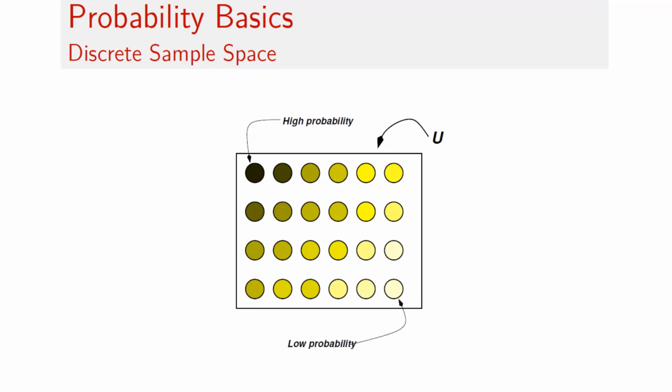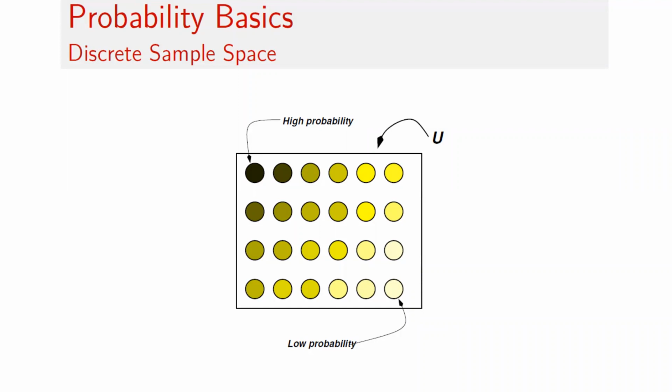Now, the graphical notation here is that the darker circles represent higher probabilities and the lighter circles represent lower probabilities. So when the launcher throws his darts, more of them tend to land in the darker circles because we have a high probability there, and fewer of them land in the lighter circles, okay?